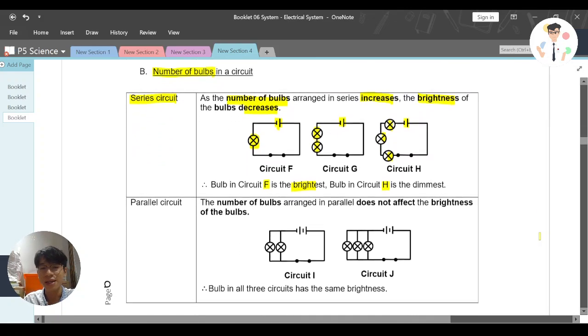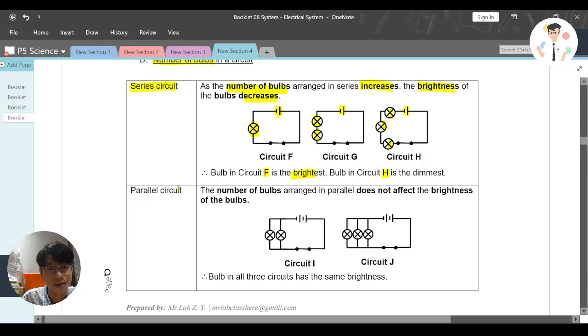But that's not the case for a parallel circuit. The number of bulbs arranged in parallel does not affect the brightness. Two batteries apply to one bulb, so that is the brightness. Even though I add another one, it's still the same, two apply to one. These two batteries apply to this, and these two batteries apply to this.